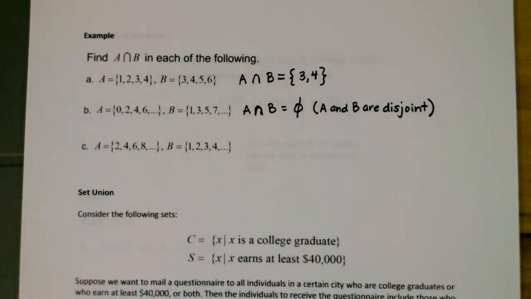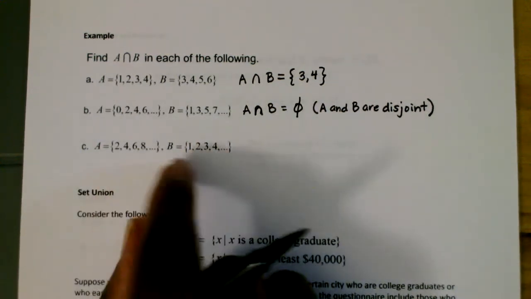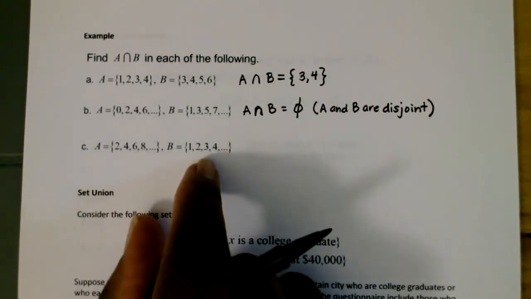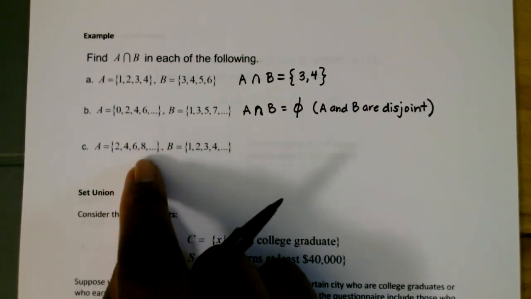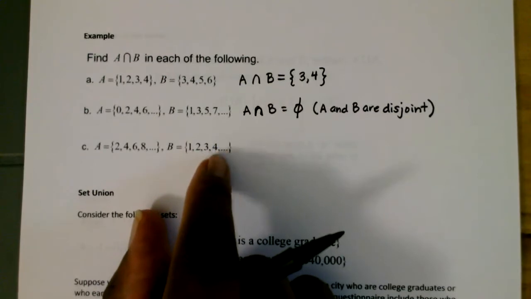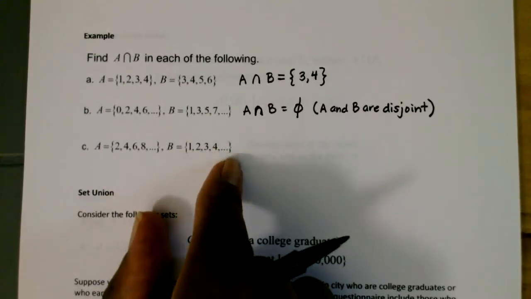Now part C, we have A with the elements 2, 4, 6, 8, and B with the elements 1, 2, 3, 4. Here I want to find the intersection of those two. We want to find out what elements are in both A and B. Well, notice the elements in A are also in B if we expand this out a bit.